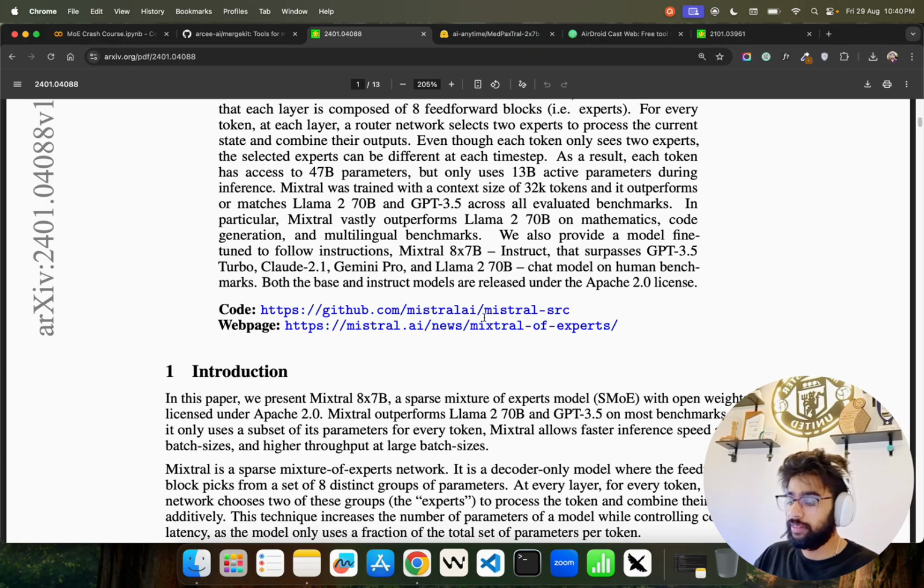Now the question is, okay, then MOEs are really good, right? Then why is the entire world not working with MOE? So MOE also has its cons, as everything has its own pros and cons. So if you talk about the pros and cons here for MOEs, let me just write it here. Challenges will be the right word. Challenges of MOEs here.